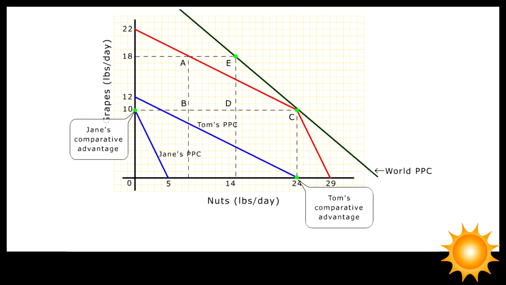If Tom and Jane move from point C to point E by trading nuts for grapes, they are better off than at point A, with more nuts and the same amount of grapes. If Tom and Jane move from point C to point F by trading even more nuts for grapes, they are better off than at point A, with more grapes and the same amount of nuts.